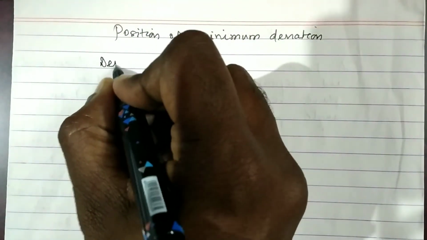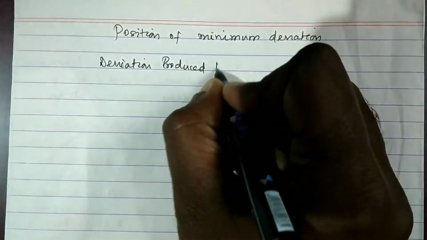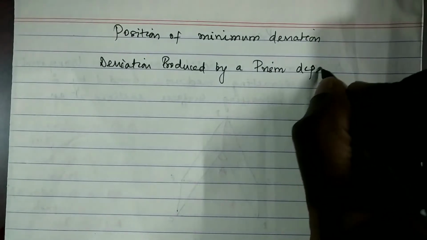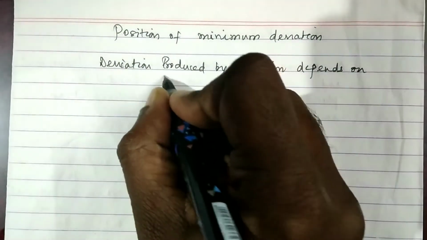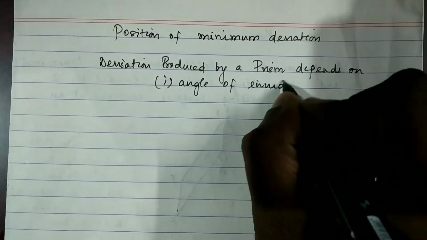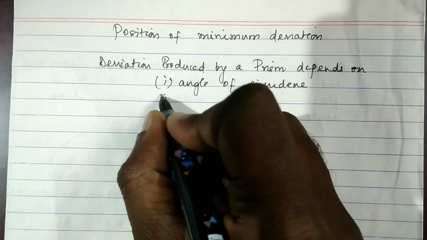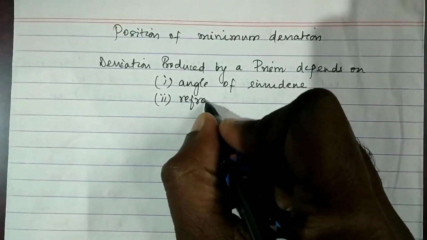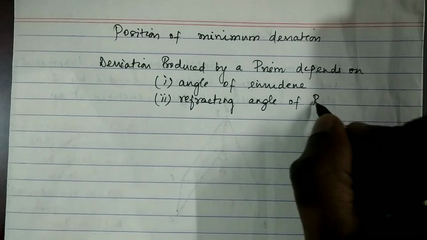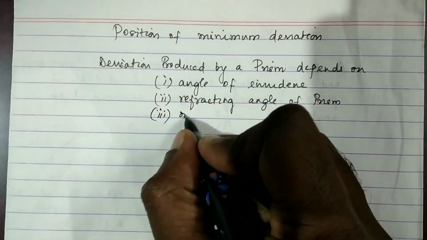So deviation produced by a prism depends on, first one, angle of incidence, then refracting angle, that is angle of the prism, and finally the material of the prism.